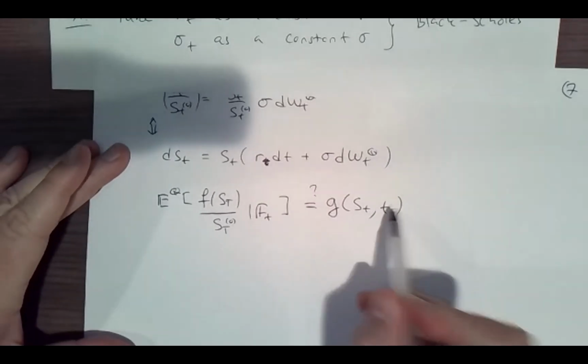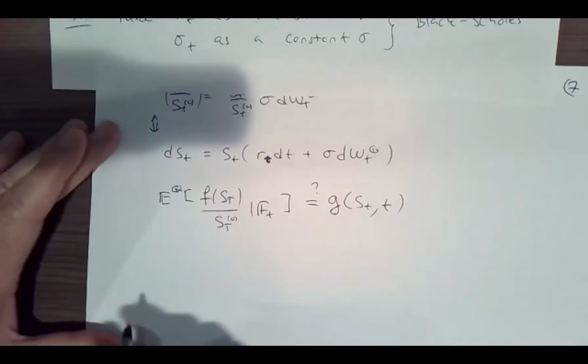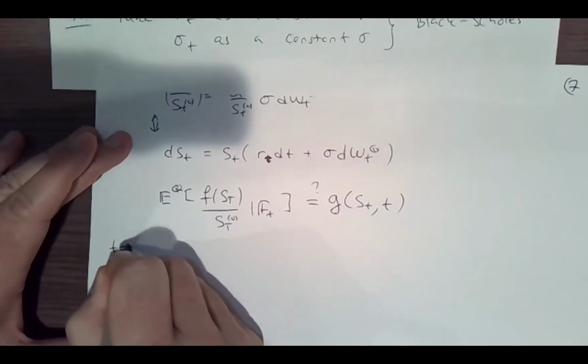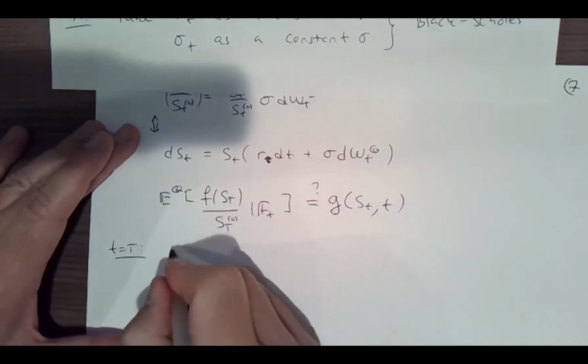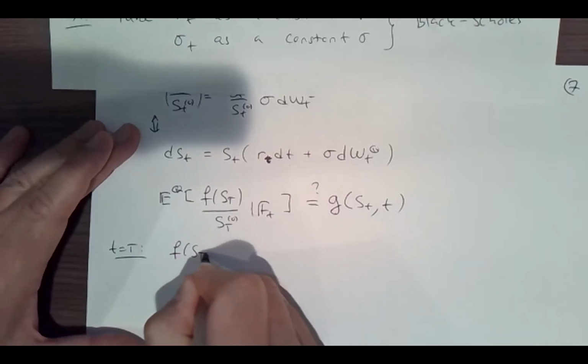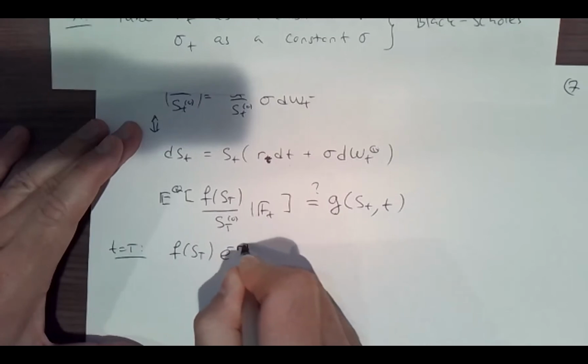So what do we know about the function G? Well, if I look at it at the end, then the left-hand side becomes F of S_T e to the minus rT.